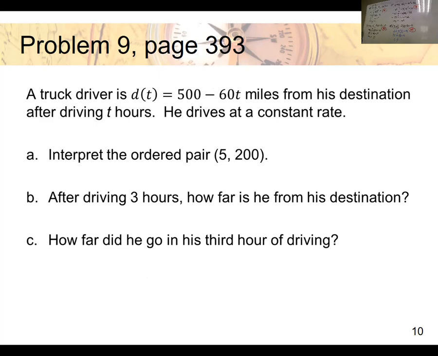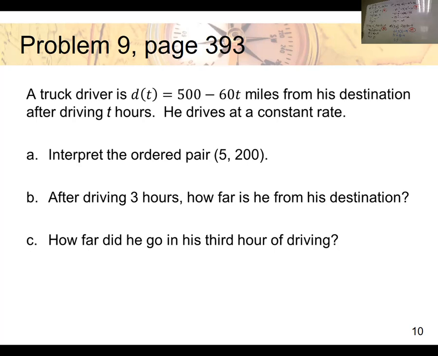Here's a function. A truck driver is d of t equals 500 minus 60t miles from his destination after driving t hours. He drives at a constant rate. So here are parts A, B, and C. You're going to interpret the ordered pair 5, 200.